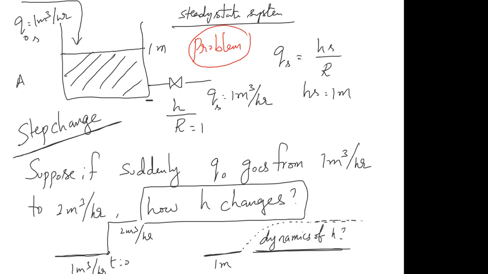H of s by Q naught of s is equal to R divided by A R s plus 1. In this problem, A is not given. Let's assume that A is equal to 2.5 meter cube, some value.